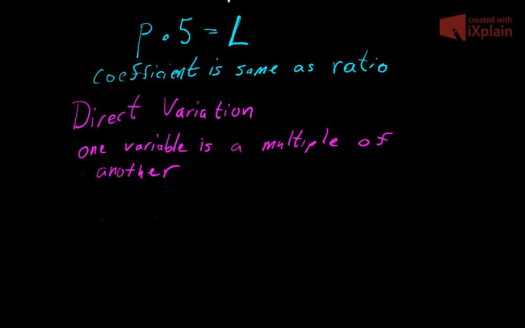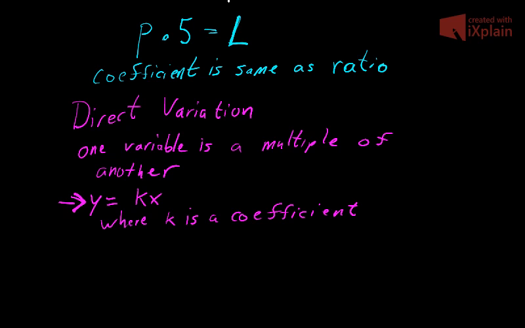What that also means is we can always write this as y equals kx, where k is a coefficient. And that's going to be very, very important. So if it's direct variation, we'll just write it as y equals kx, where k is some coefficient.